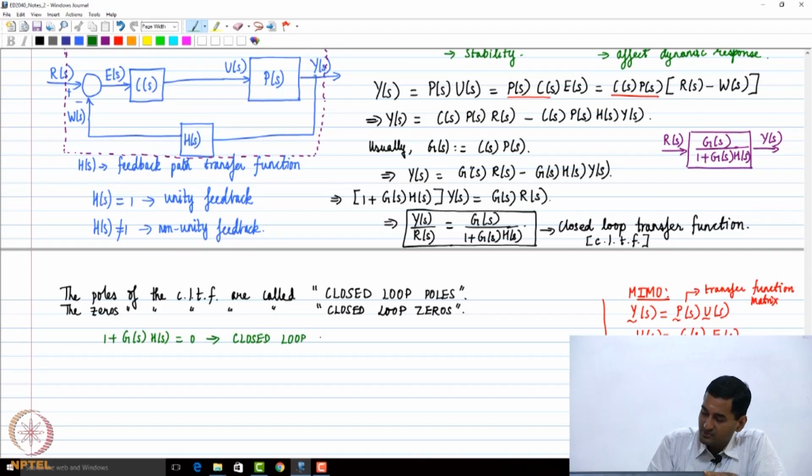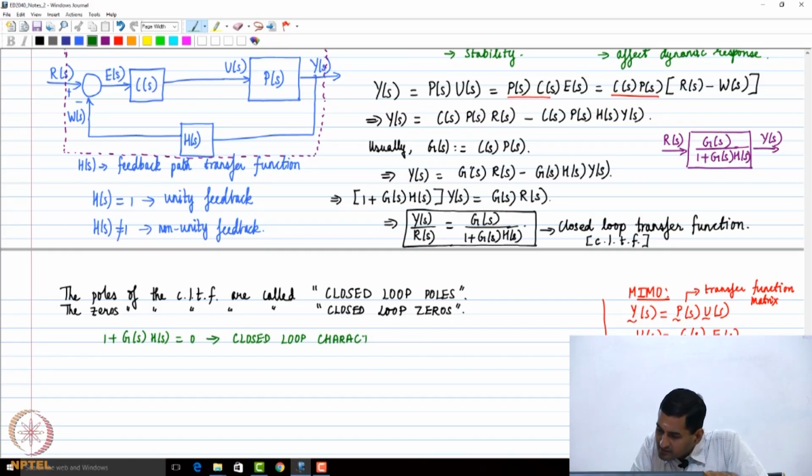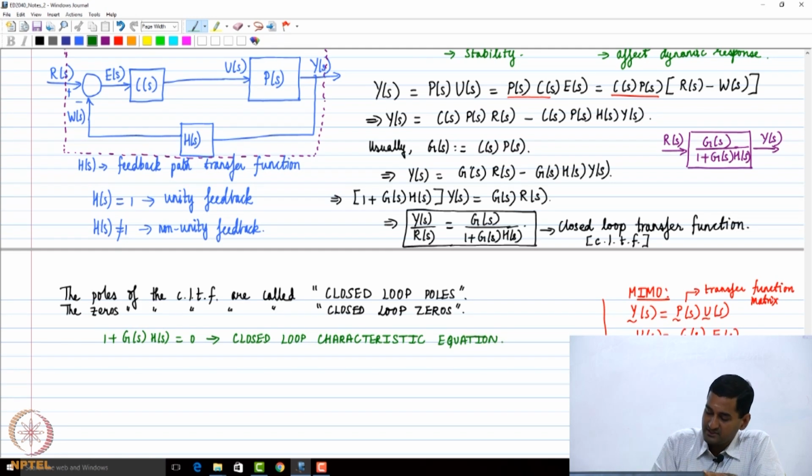We should remember all these terms because we are going to use them repeatedly.